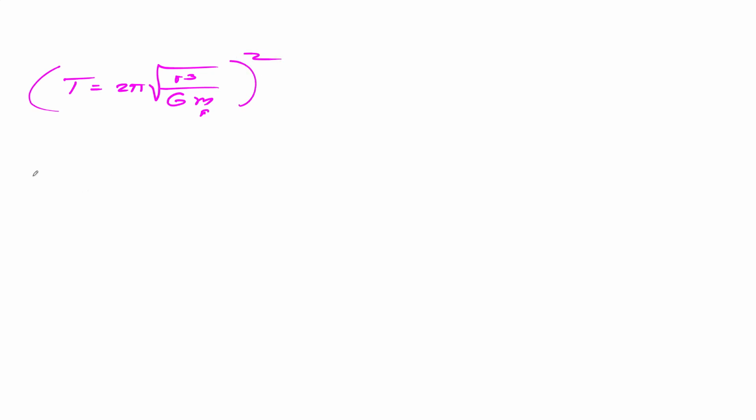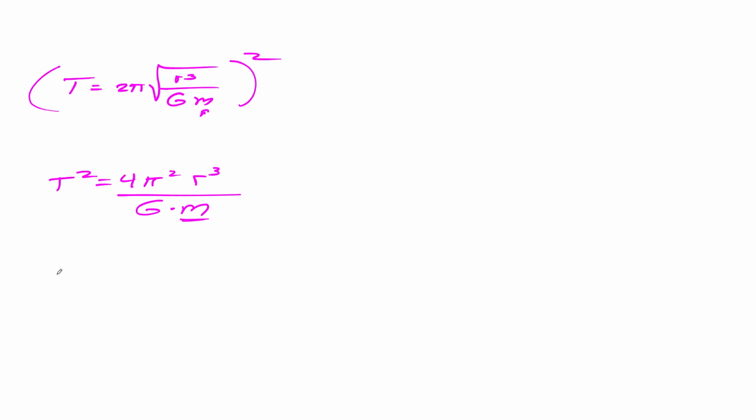So now we have T squared is equal to 4 pi squared times R cubed over G times M. Now I want mass.